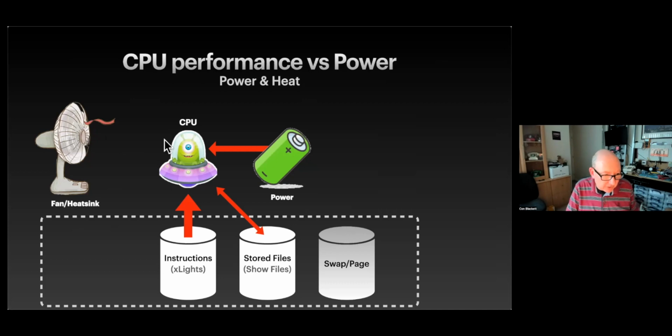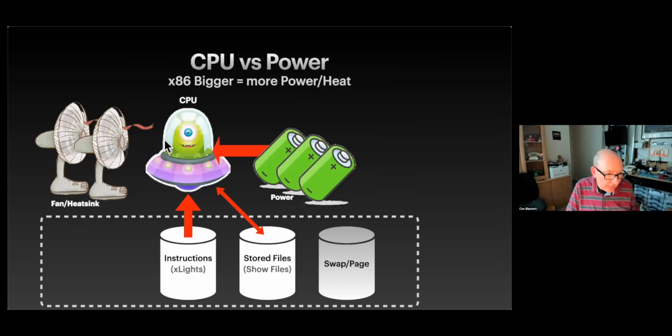If you get a bigger CPU, that bigger CPU needs more cooling, needs more fans or faster speeds, and uses more power. So you're using the battery power, or the mains power if it's a desktop, but you need cooling to keep it cool, because otherwise the CPU basically gets too hot to function properly.